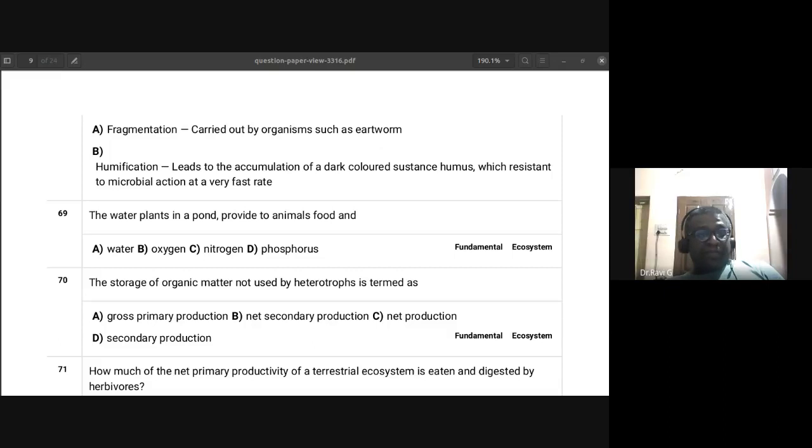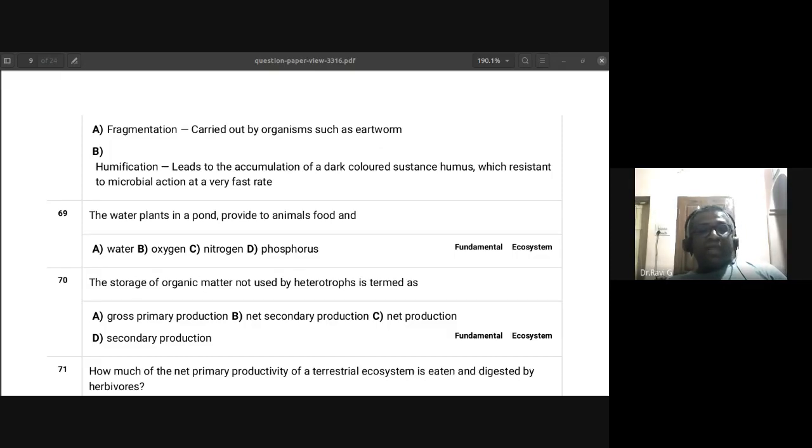So fragmentation is through the earthworm, that is right. So humification, it is not in the absence of microorganisms, it is in the presence of oxygen, microbes, and fungi.